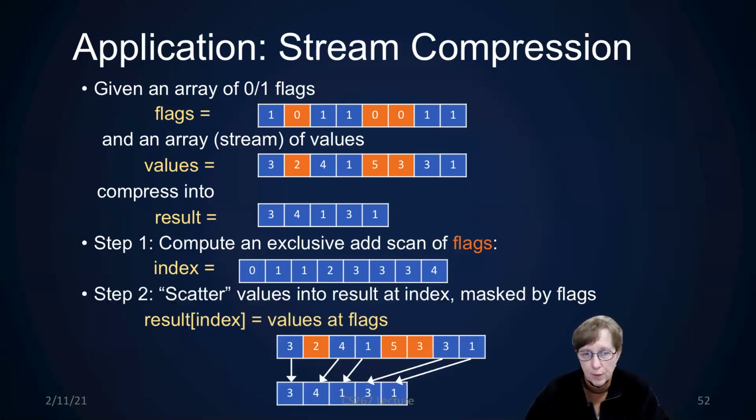So we're going to scatter the values into the result array. We're going to avoid the collisions between, say, all these different values that get a 3 by masking things by the value that we had in the original flags array. So we only end up having one write going into each position. And so we end up with this compressed version of the array.